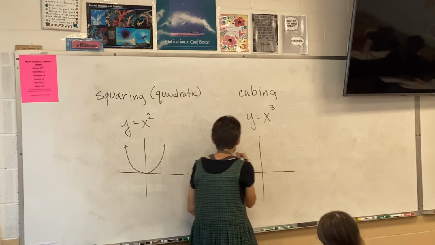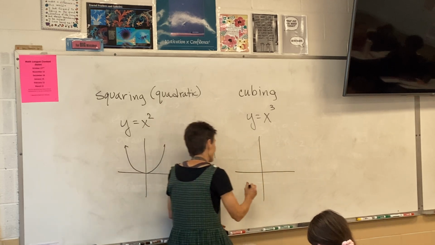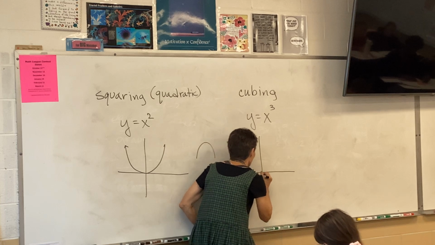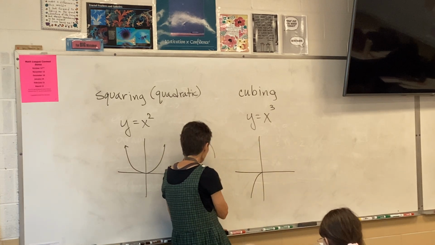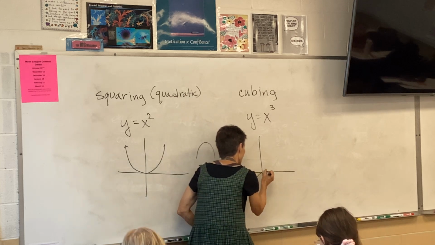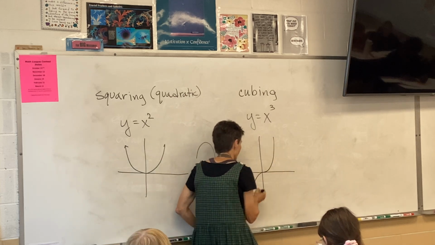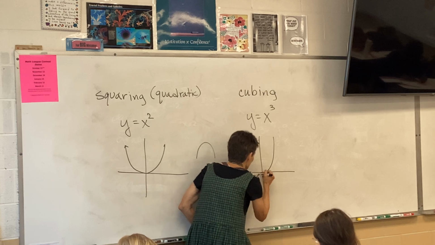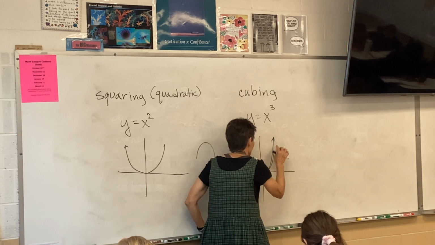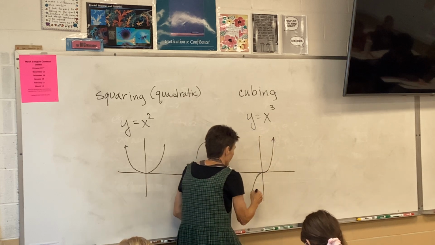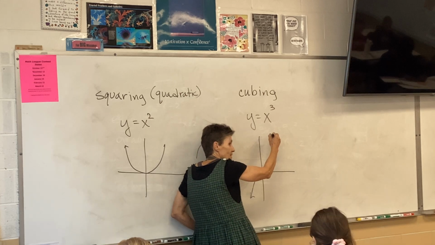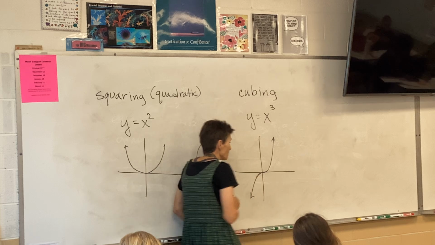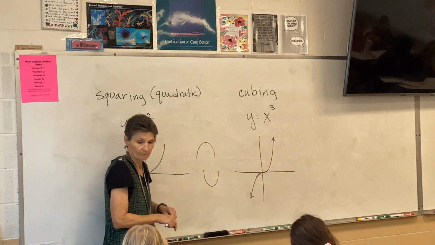I pretend like I'm drawing a parabola opening down, but I stop at the origin. And then I draw a parabola opening up, but I start at the origin. So it's got this squiggle action going right here. Starts opening down and then opens up. That's a picture of the cube.